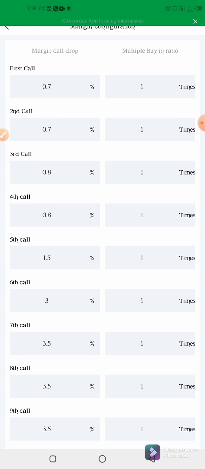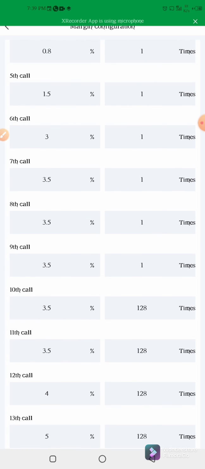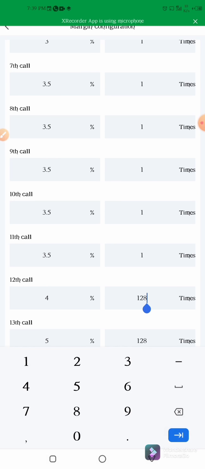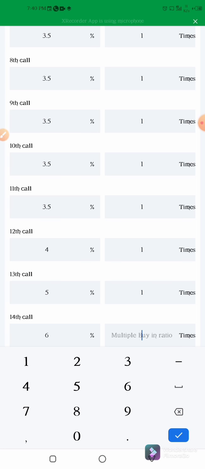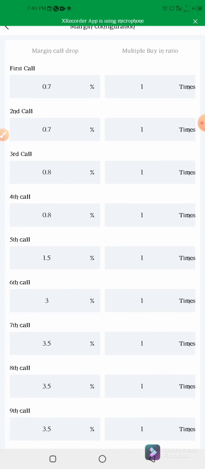Okay, and then for your number of multiple buy-in ratio, how many times do you want it to buy? So buy at 1 times $10 at that price, 1 times $10 at that whatever price it is at these percentage drops. So even these guys, because I'm using 150, it's a small capital, I need to maximize it to cover enough dip and still be in trade, buying one time, and at this one it will be bigger quantities as compared to the prices from the top down to the bottom.